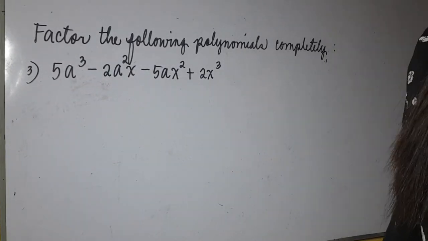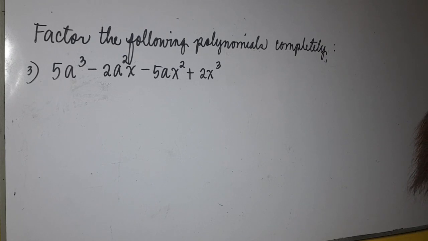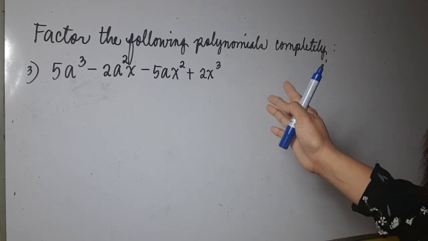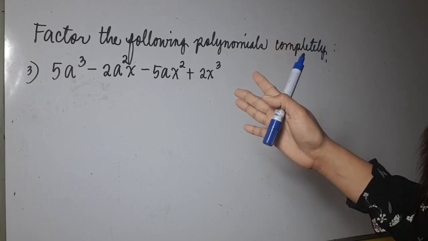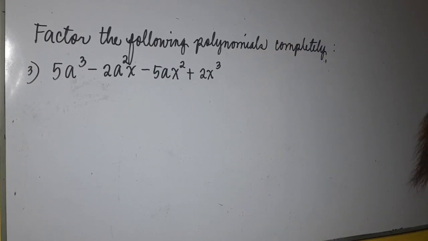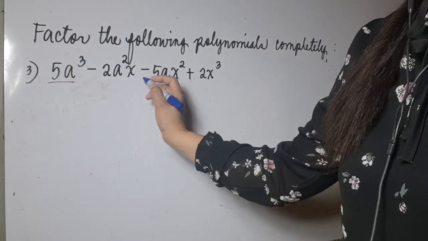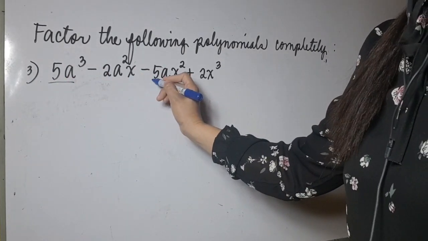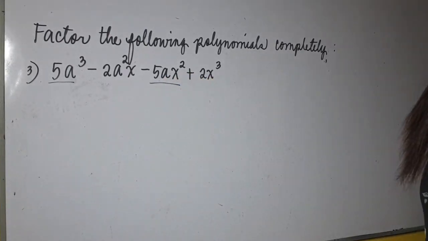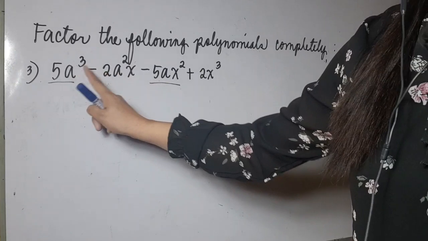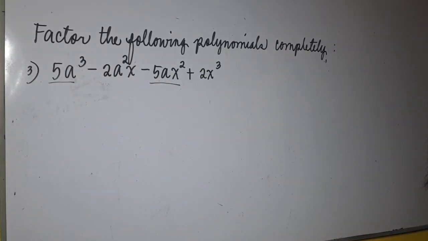When there are 4 terms, we factor by grouping. So we combine the terms that have a common factor. Let's combine 5a cubed and negative 5ax squared. You will see that there is a common factor of 5 and a.